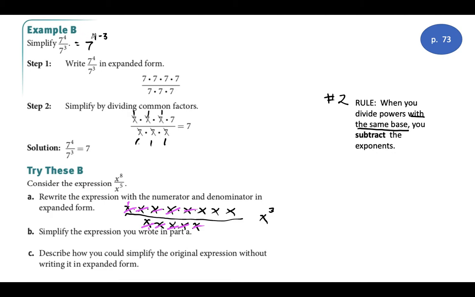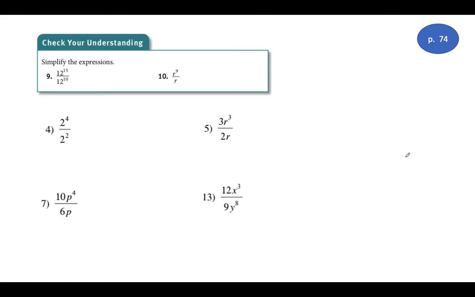Always subtract the exponent of the numerator minus the exponent of the denominator. And we know 7 to the first power is 7. Here, I could do x to the 8th minus 5th power gives me x to the third power. Always the exponent of the numerator minus the exponent of the denominator. Make sure you write down the rule in your notes, please.